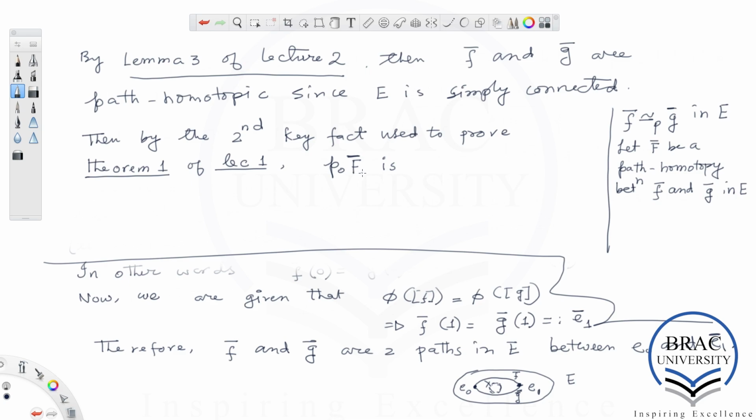So P composed with F tilde is a path homotopy between the paths P composed with F bar and P composed with G bar in the base topological space B. Okay.